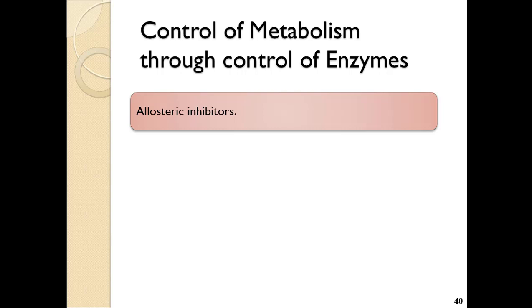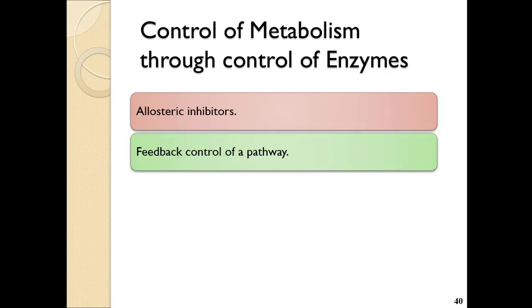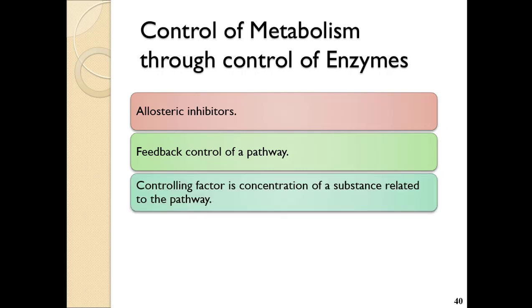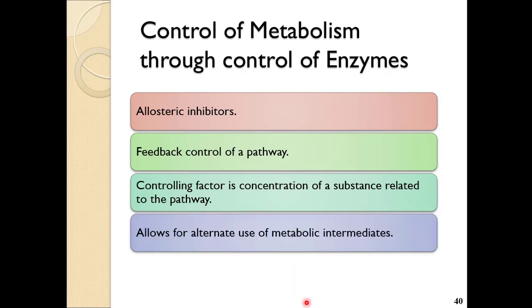These allosteric inhibitors are often part of a pathway, and they feed back on themselves in order to control the pathway. I'll have a picture coming up that will show you this better, because I know it's kind of hard to understand in words. The controlling factor is the concentration of a substance related to the pathway, and this allows for alternate use of the metabolic intermediates as well.